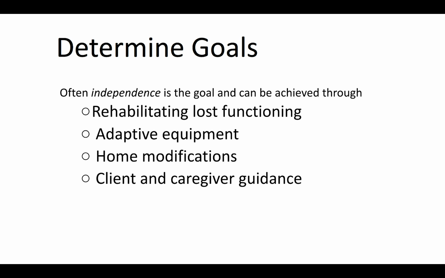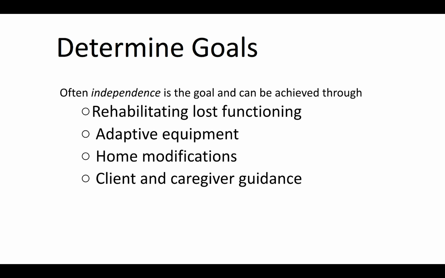Let's think back of the scenario of an individual that had a total hip replacement. They're not able to perform lower body dressing because of those hip precautions without the use of adaptive equipment. Therefore, the goals for that individual would be implementing adaptive equipment in order to care for their own needs.